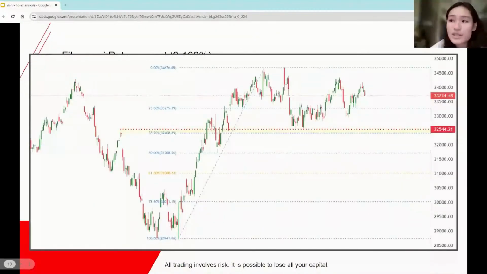Here's another example. We're looking at the 38.2% Fibonacci retracement level, and this is in line with the overlap support at 32544.21. So you can see price bounced off of this highlighted area here.